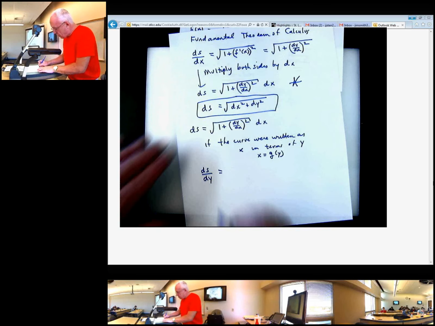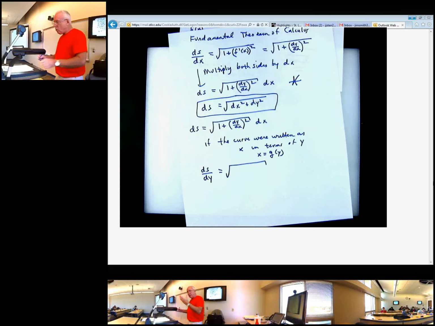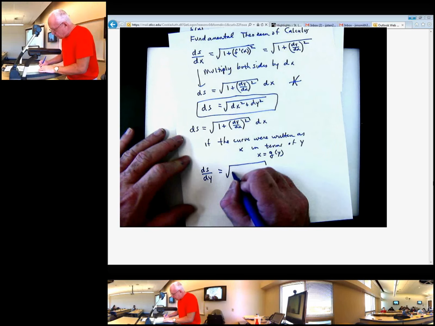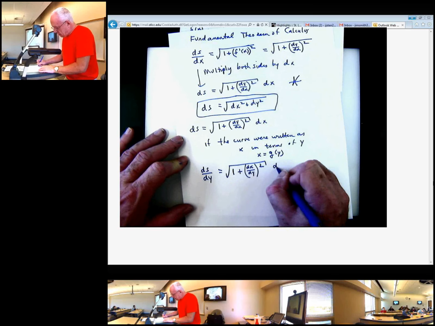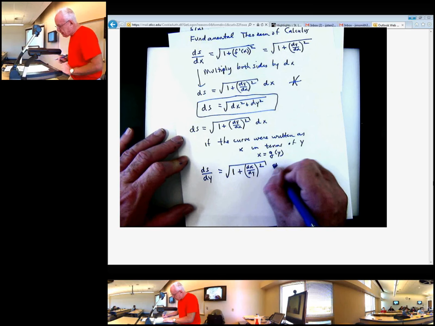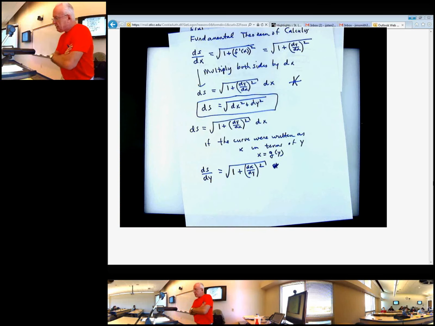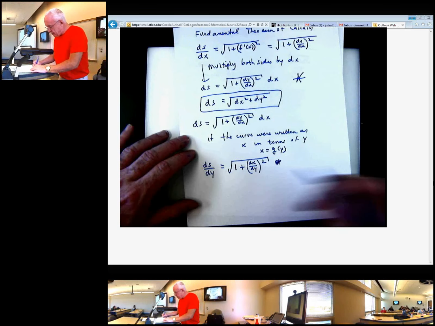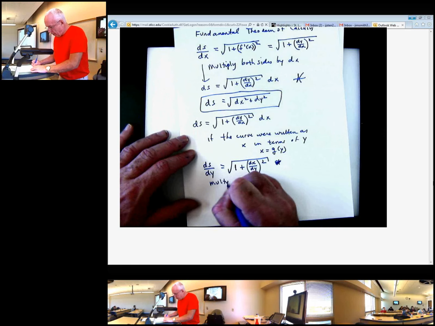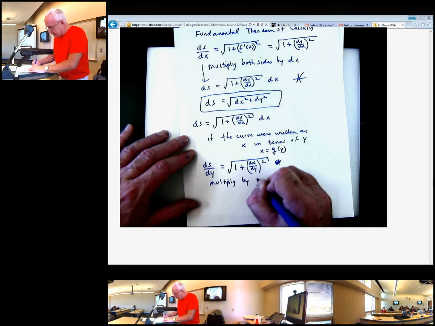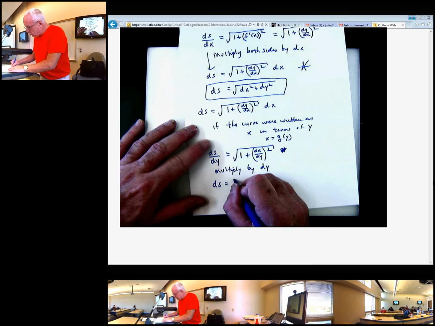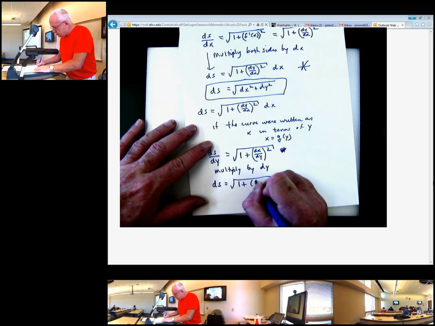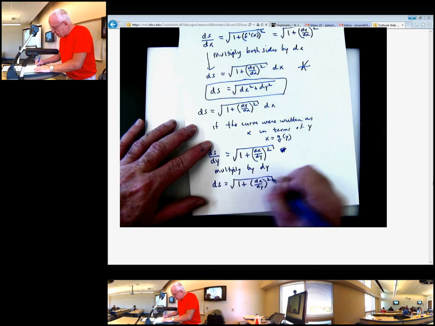I just interchanged the x's and y's, so this would be the square root of 1 plus dx dy squared. If I multiply both sides by dy, I get this formula: ds can be rewritten as the square root of 1 plus dx dy squared, times dy.